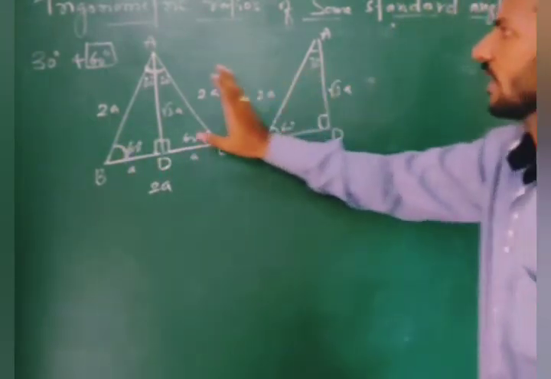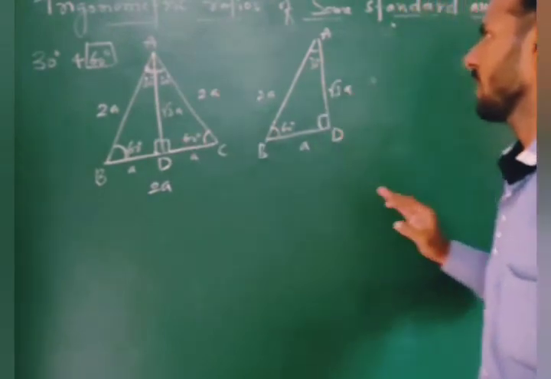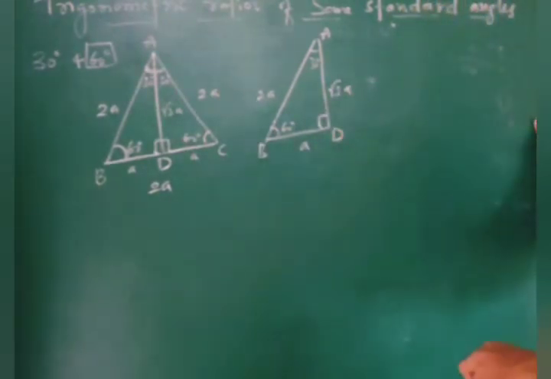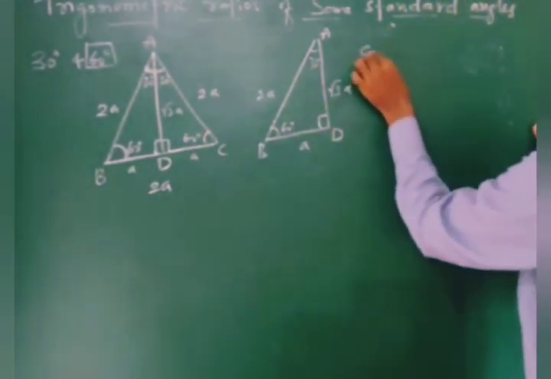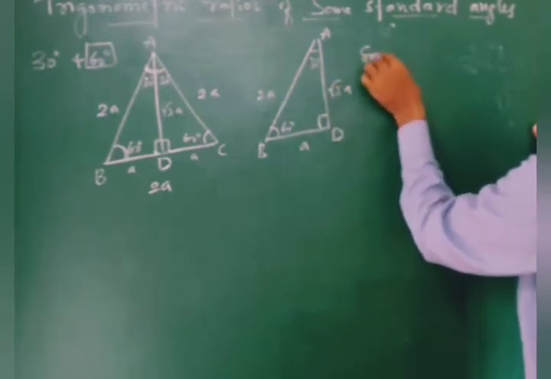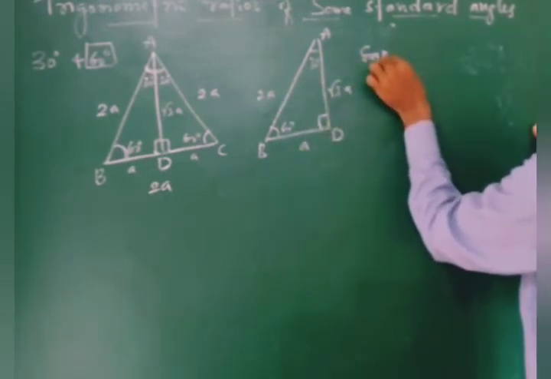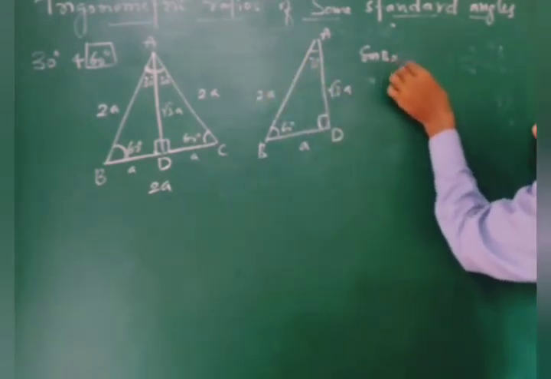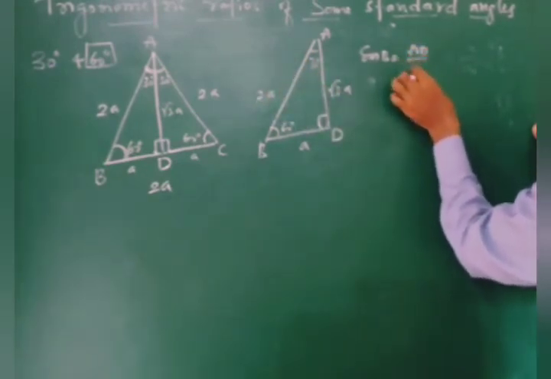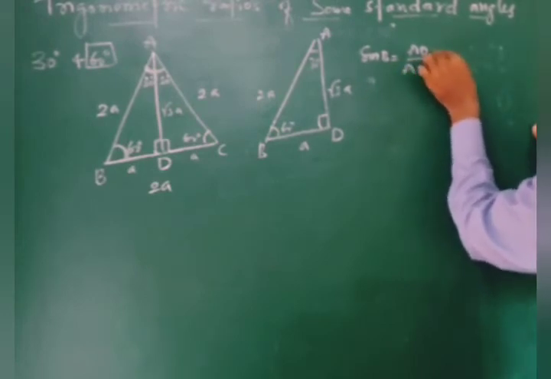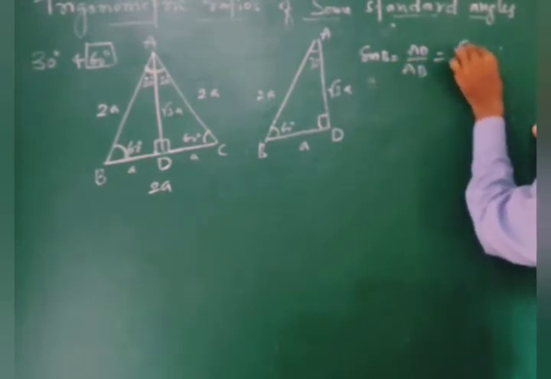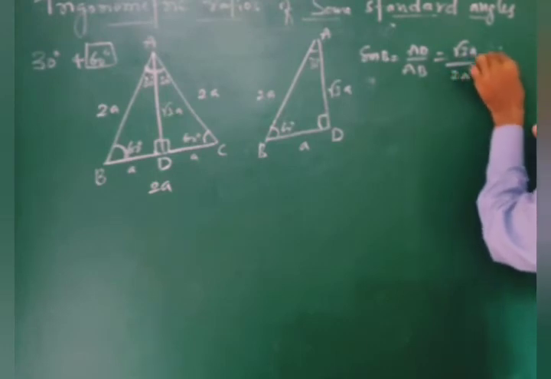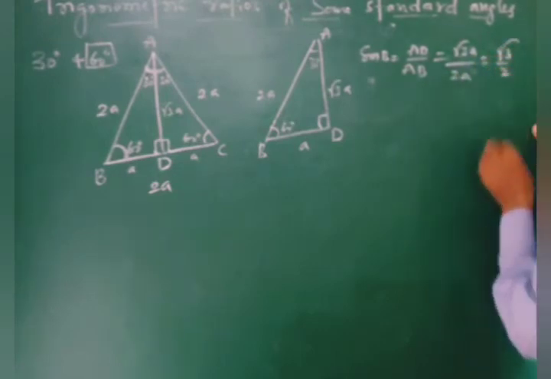The value we have taken this portion separately here, right? Now again simplify by using trigonometric ratios. Sin 60 degree is sin B. Sin B is again perpendicular by hypotenuse, that is AD by AB, root 3A upon 2A, which is equals to root 3 by 2.